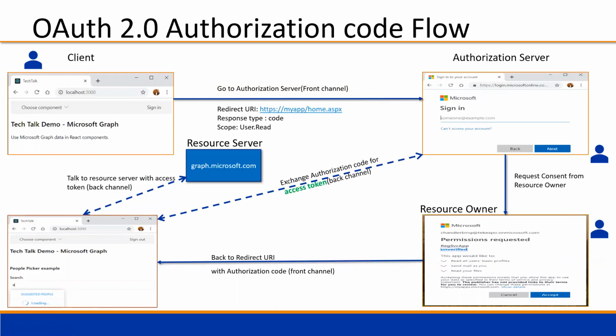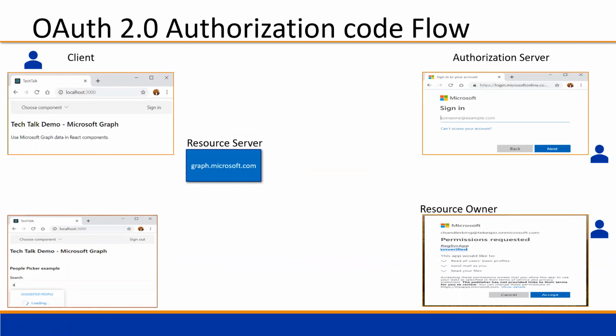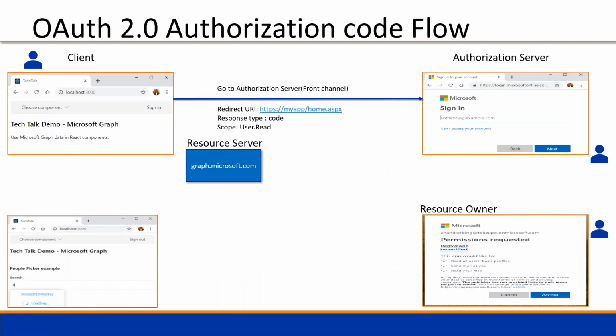So once this request is sent to the authorization server, a screen is displayed where the user can enter their credentials. As soon as you enter your credentials, the user is verified against the Azure Active Directory. So this is your authorization server.